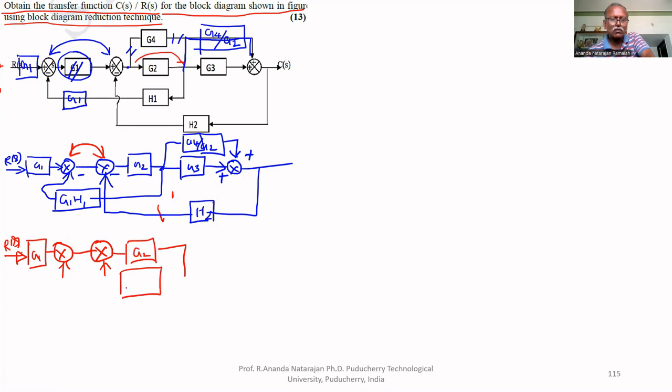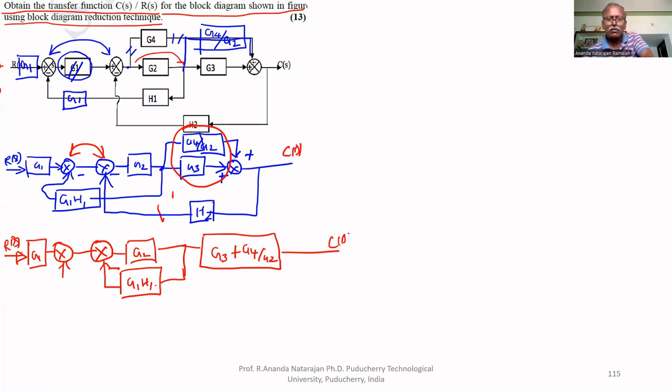This is negative feedback. After that, if you add these two together, what you will get is G3 plus G4 divided by G2. This feedback is with H2.